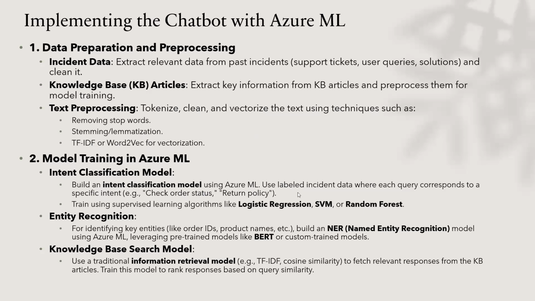Use labeled incident data where each query corresponds to a specific intent. For example, check order status, return policy. Train using supervised learning algorithms like logistic regression, SVM, or random forest.